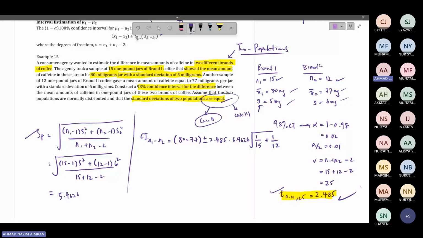Solve the equation. The lower boundary is minus 2.2575 mg, and the upper boundary is 8.2575 mg.